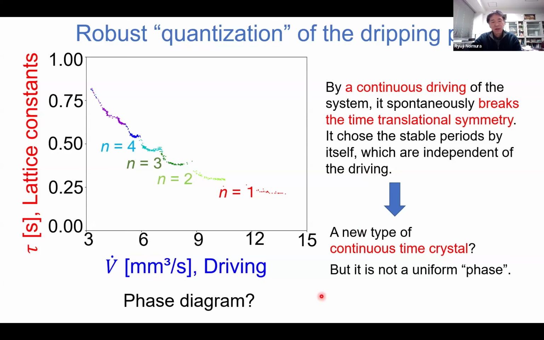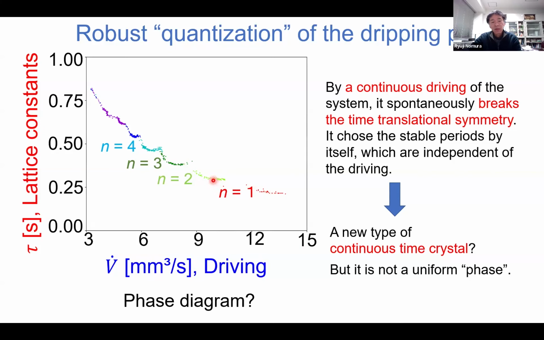So assume it's possible to regard the phenomenon as a time crystal. Then this dripping period tau corresponds to the lattice constant in the time direction of the time crystal.